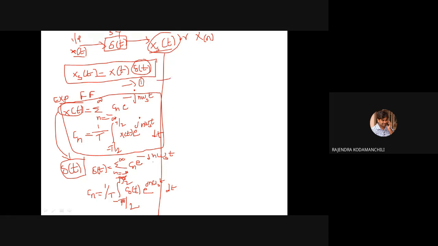Now here, what is the del of t value? Del of t value is 1 when t equal to 0. When t is not equal to 0, del of t value is 0. Now in this Cn value, the formula is 1 by T. I already told you, in the first unit we already did some problems.